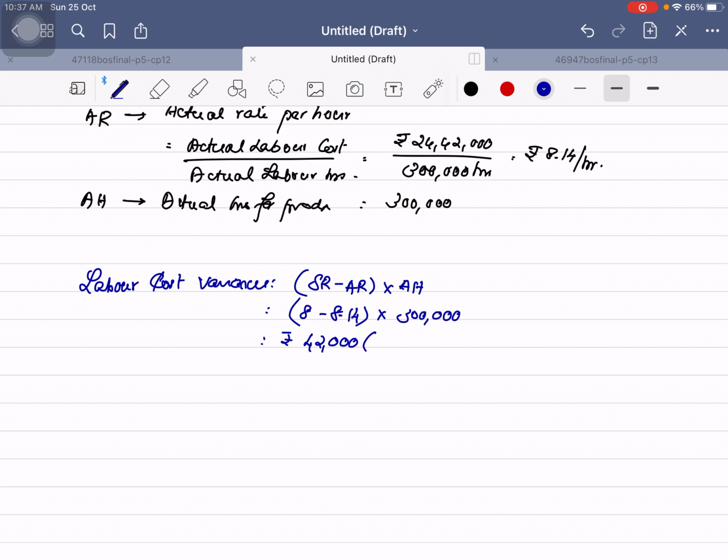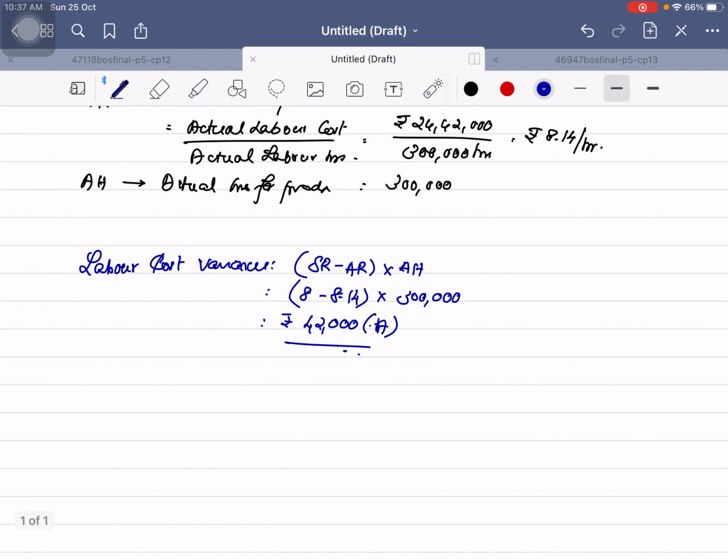Is it favorable or adverse? The actual rate is higher than the standard rate and it is a cost variance, so it is an adverse variance. Sorry, it's not labor cost variance, it is the labor rate variance.